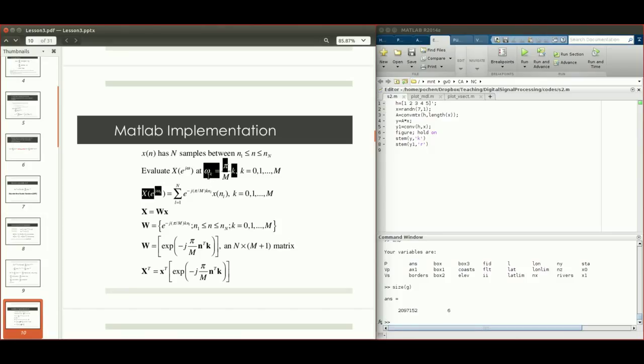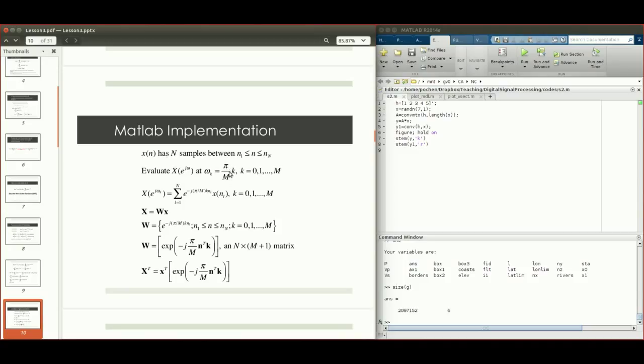And because we don't really need to look at anything that's beyond pi, we can limit ourselves to a sampling of the interval that goes from 0 to pi. And how do we actually sample it? We sample it evenly. So k goes from 0 to big M, and omega k equals k divided by M times pi.